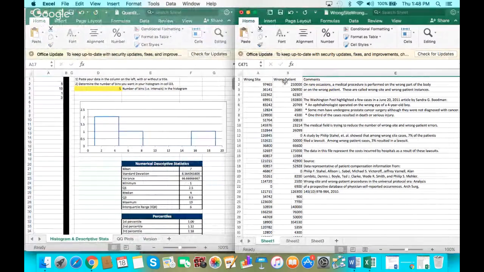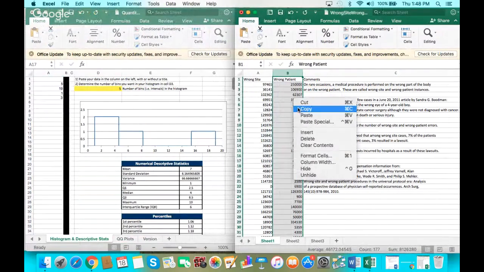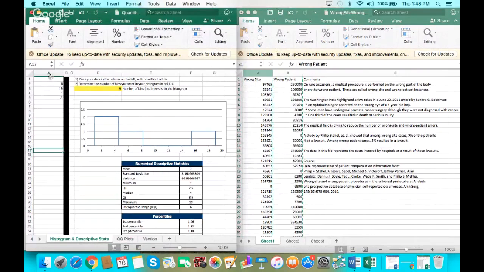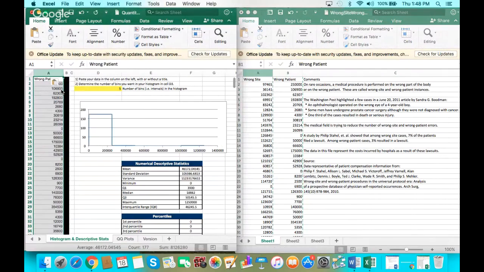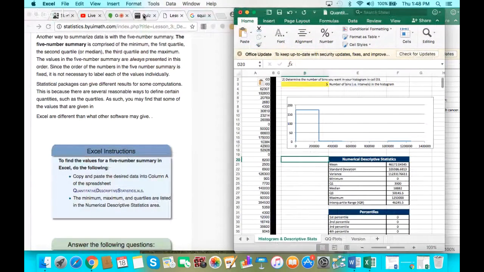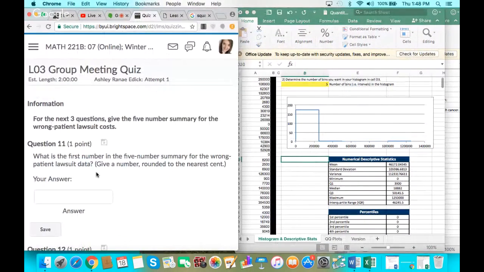If I click on B, I copy and click on A, and then paste. The minimum would be 0. Let's move this back over here. What is the first number? So 0. Okay, that was easy.